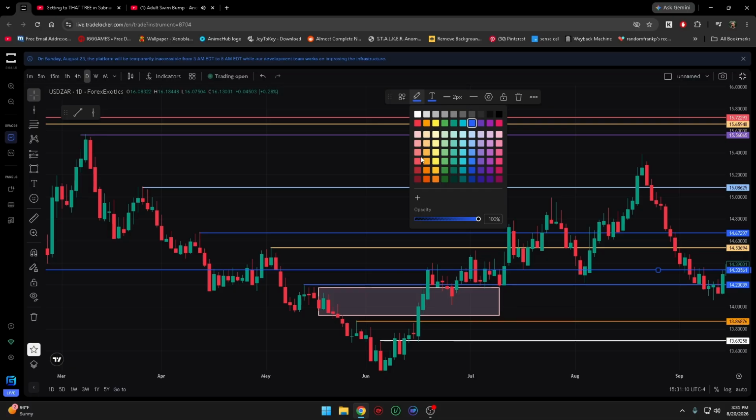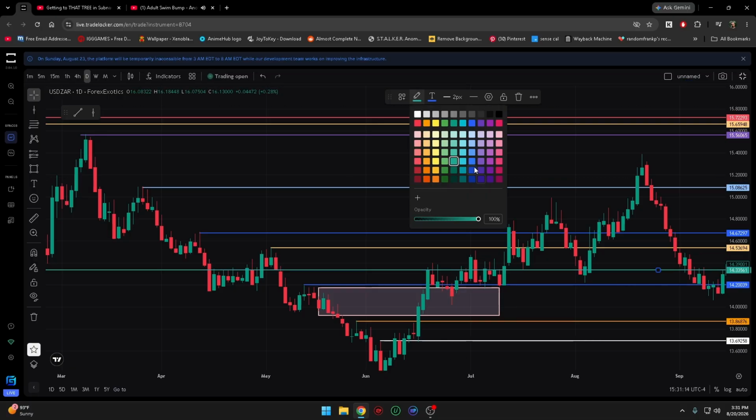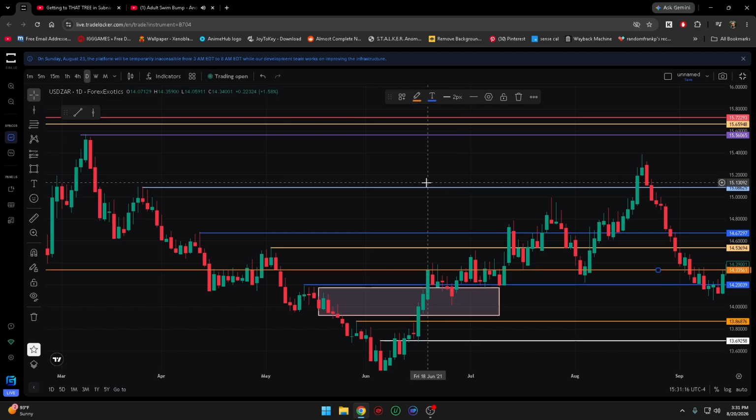Change this color to, man, that's too close. Dark orange. Now what's the area that, I know all these lines can be confusing, but just look, alright?